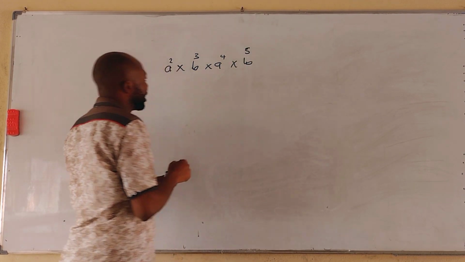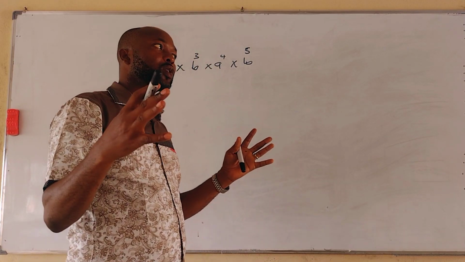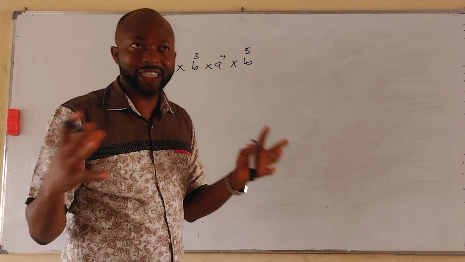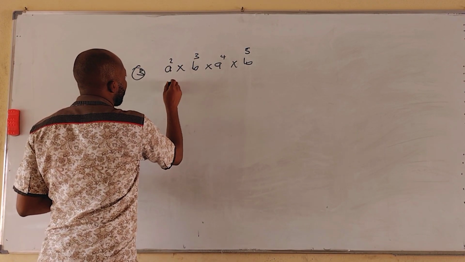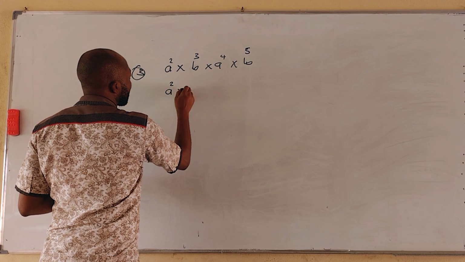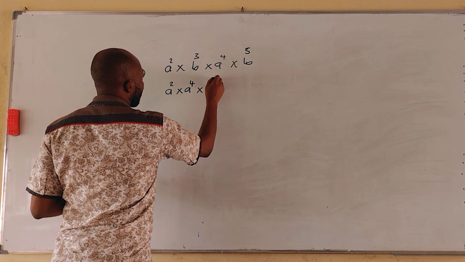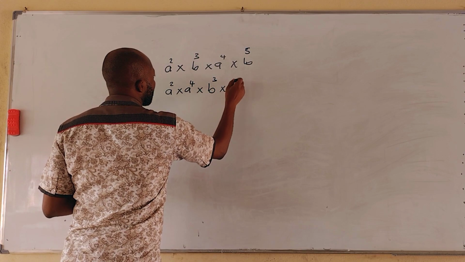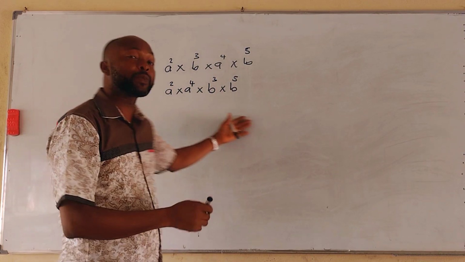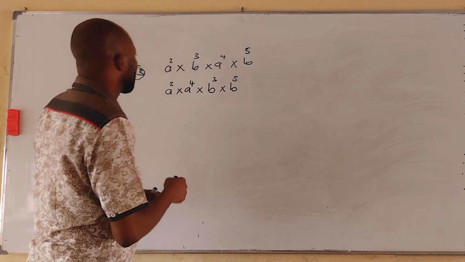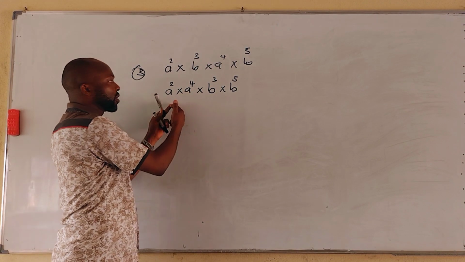So if you check here, we have different bases. So I have to collect the like terms, those that are similar, and bring them together. So I will have a raised to the power 2 times a raised to the power 4 times b raised to the power 3 times b raised to the power 5. So I have to regroup them; in this manner, I cannot proceed. This goes with the law that when numbers with equal bases are multiplied, we add their powers.